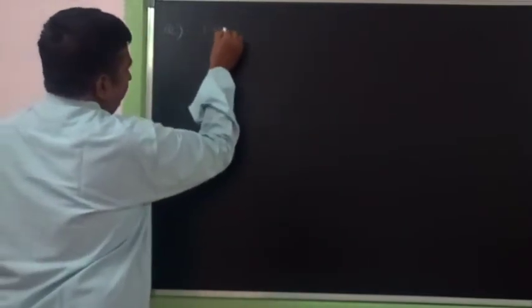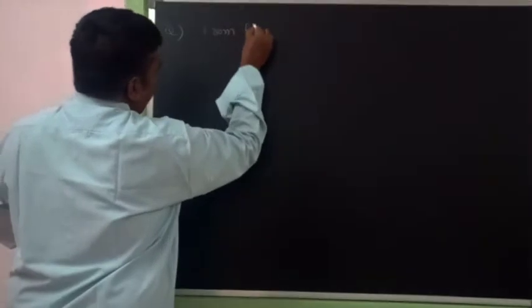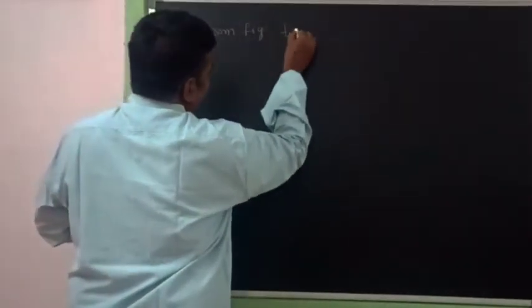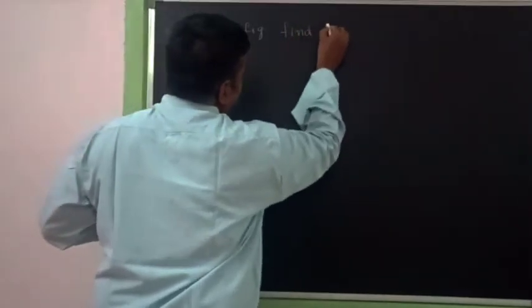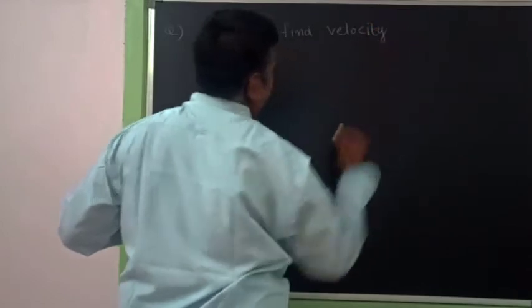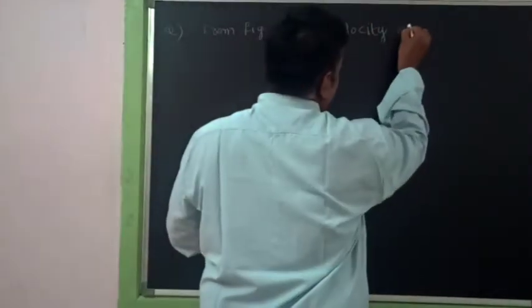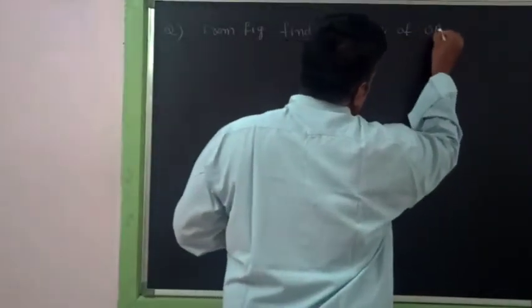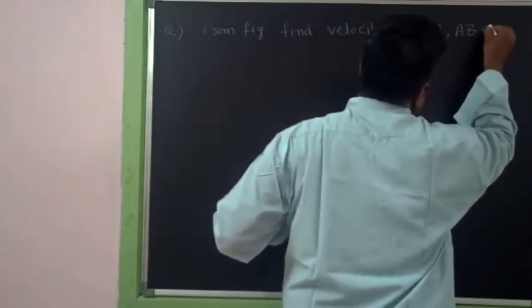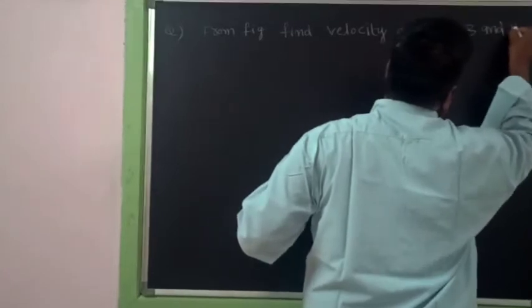Question. From the figure, find the velocity of OA, AB and BC.